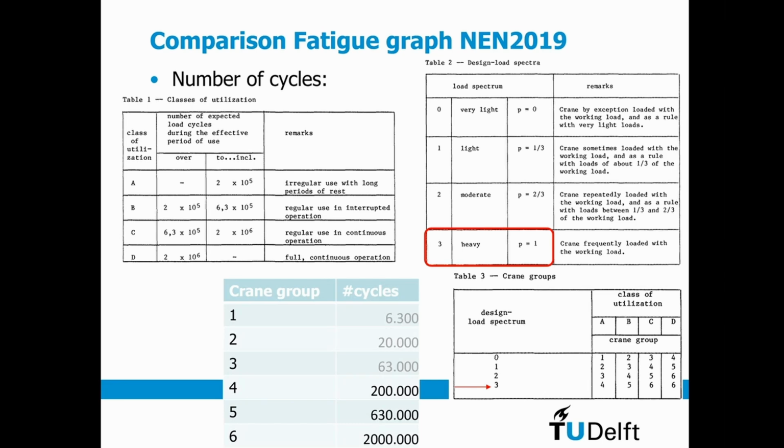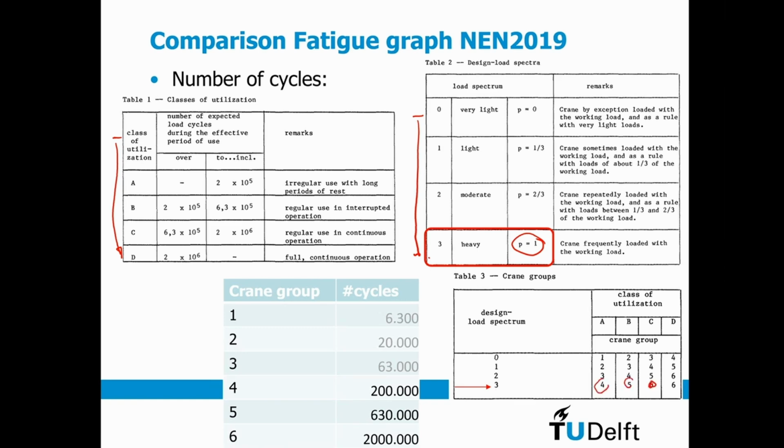So if we look at this curve a bit more in detail, and here it's in English, luckily, so you could better understand it. Here we have the utilization class with the numbers, and here we have the load spectrum. You can transfer one into the other, and you can say, look, if I have a fully loaded crane, then I have the category 4, 5, and 6.